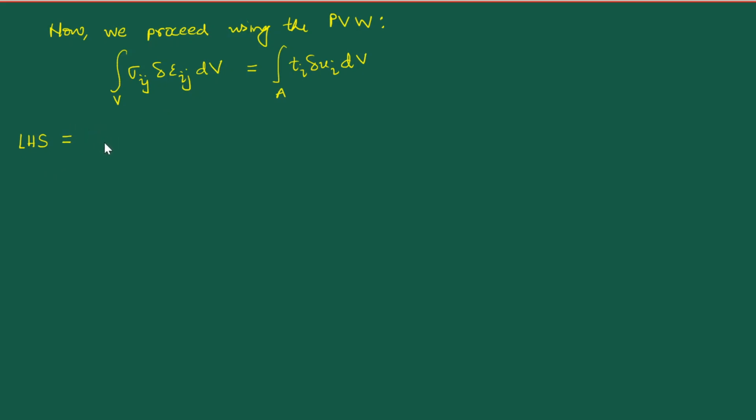If I just write this out for the plate under consideration, this volume integral can be written in this fashion. So we have this area integral over the xy domain, and I'll also have an integration with respect to z, and that integration will be from minus h by 2 to h by 2.